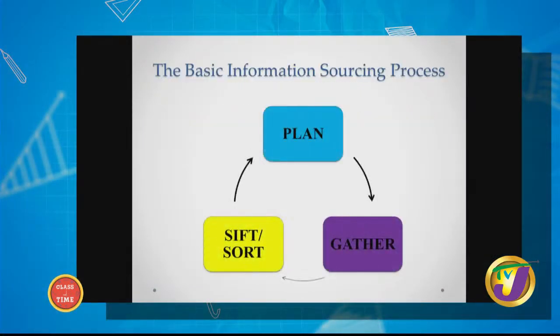Now, what I am going to provide for you today is what I like to call the basic information sourcing process. Now, remember, I just said to you, stop, slow down, brainstorm. In that process of brainstorming, you will be planning. So you would have identified your topic. You would have known where you want to go, what is the purpose for conducting whatever research that you need to do.